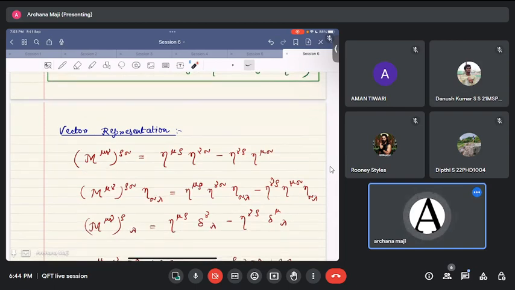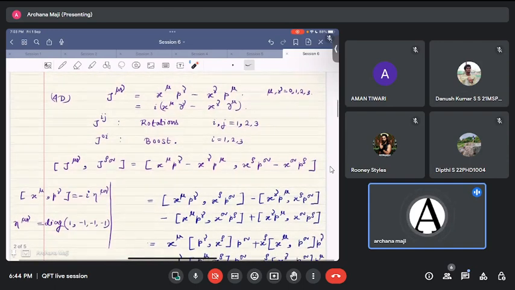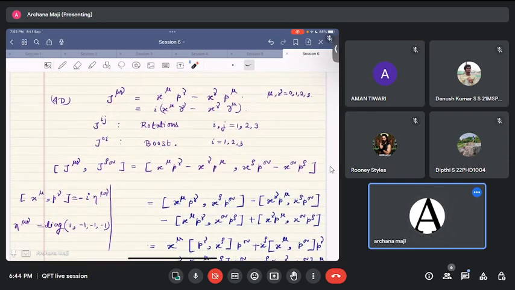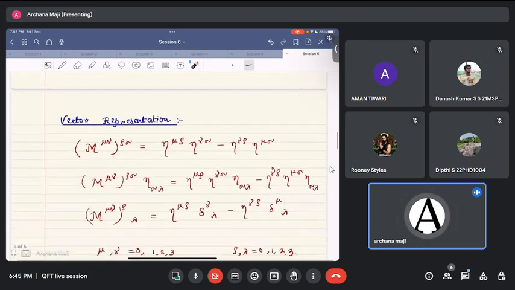This is one such representation, and you shouldn't confuse this M mu nu with this J mu nu. In the lecture, the professor used the J mu nu notation for this operator, probably using a different notation like curly J mu nu, which is what is done in Peskin too.